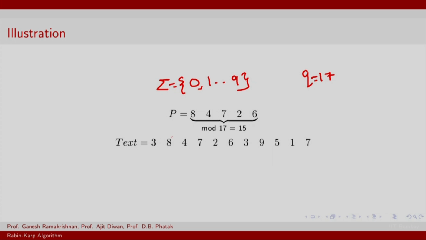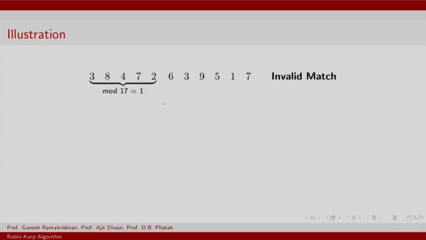Now suppose we had to match this against this long text. You would start from the leftmost end, look at the first 5 digits, compute mod 17. Well, it turns out to be 1.